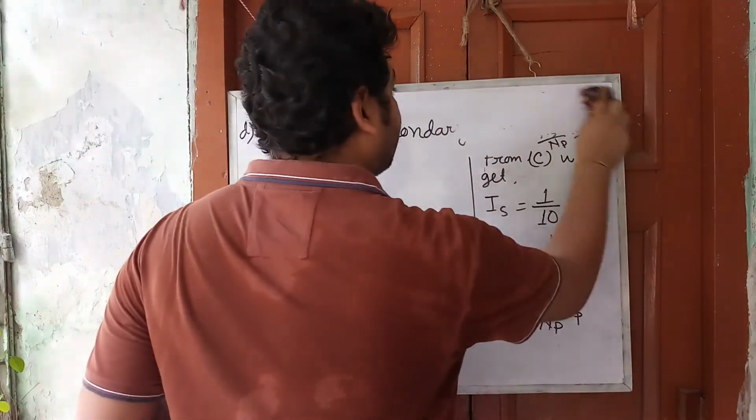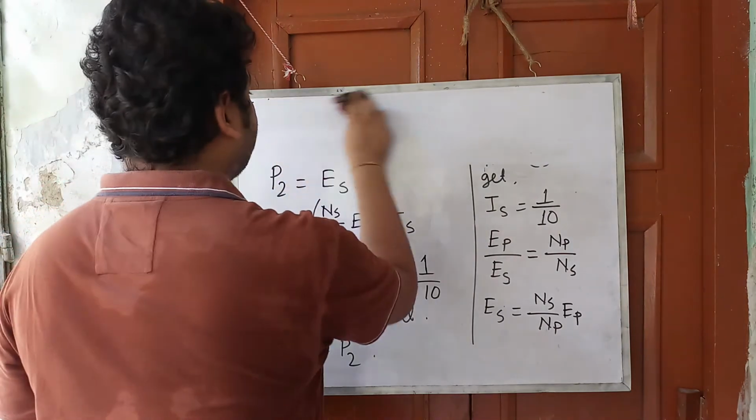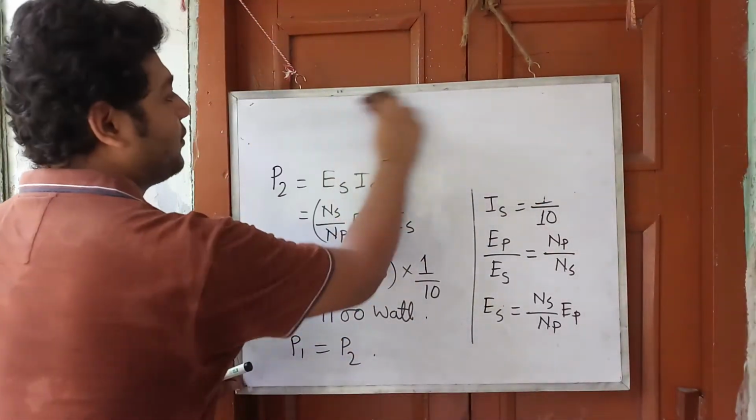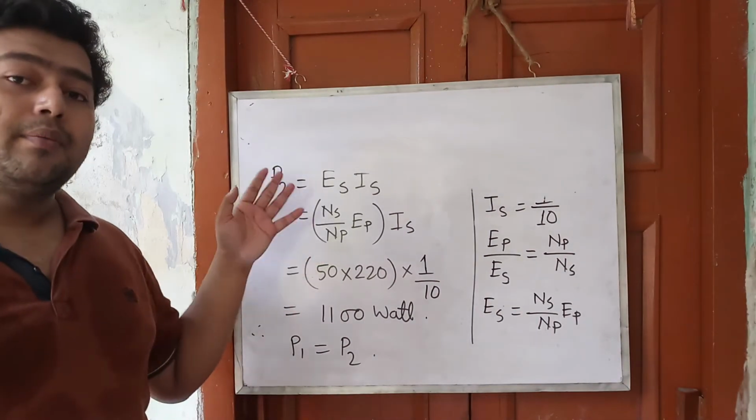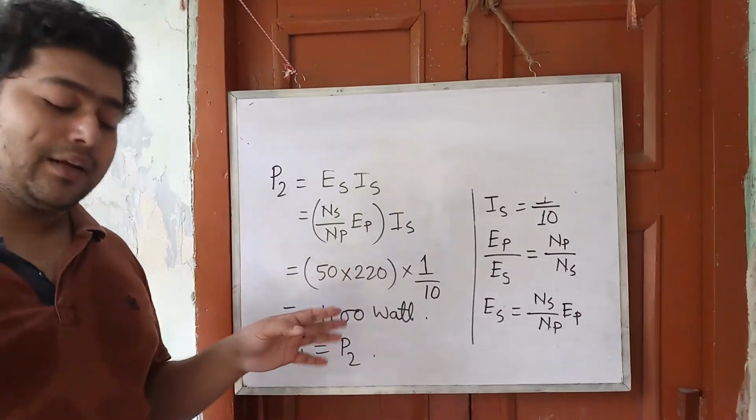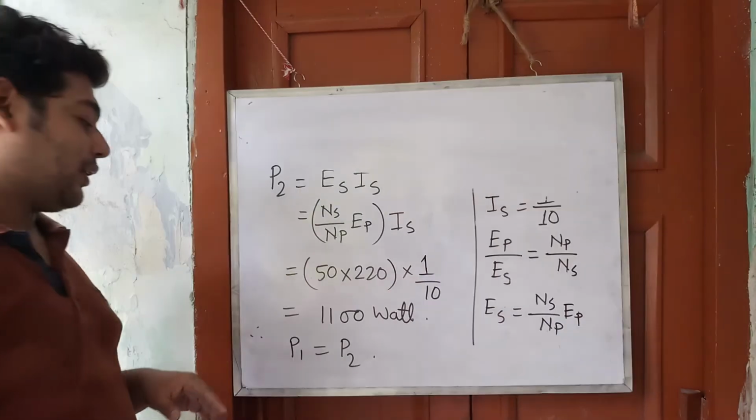So we get that the power of primary coil and the power of secondary coil is equal.